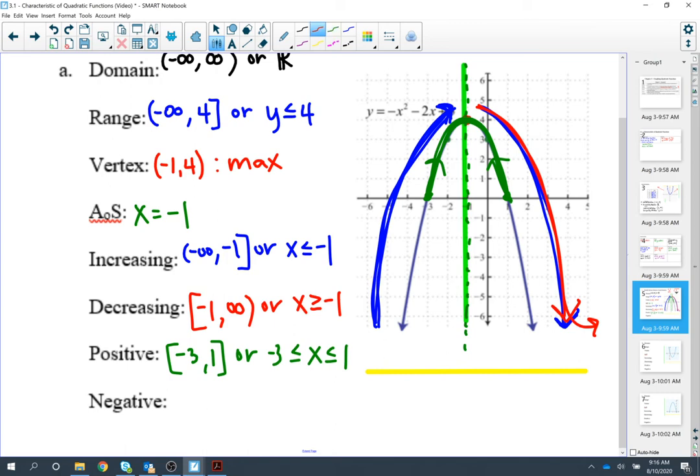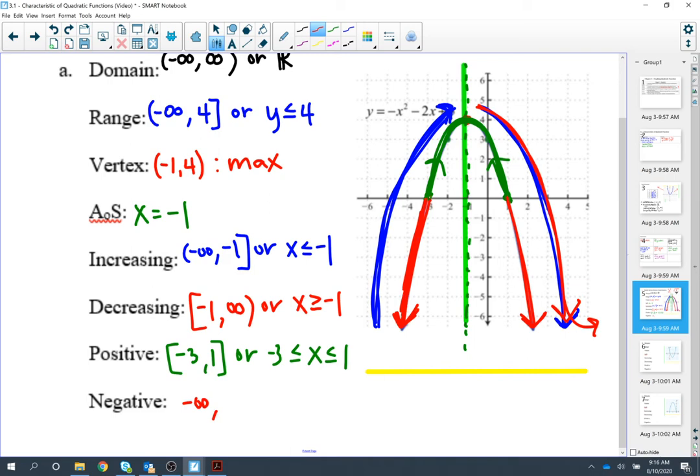Last but not least, we're going to look at negative. Negative means below the x-axis. So below the x-axis, we now have two sections. Okay, now I'm going to start with interval notation first. This first section over here on the left, where I'm below the x-axis, starts from -infinity.